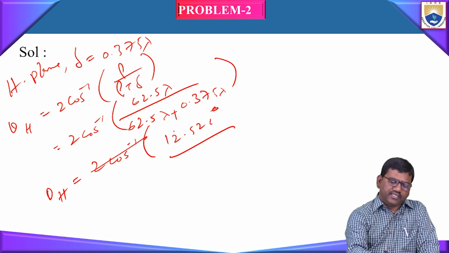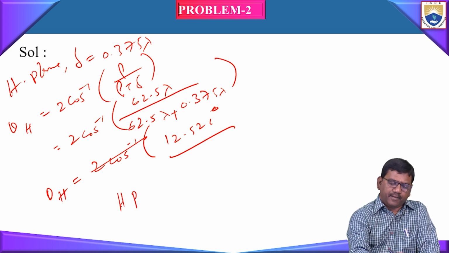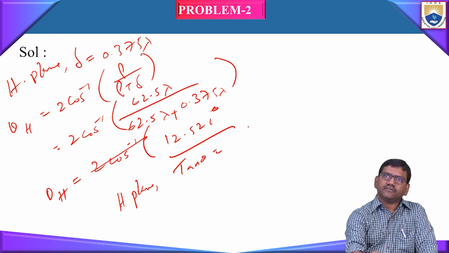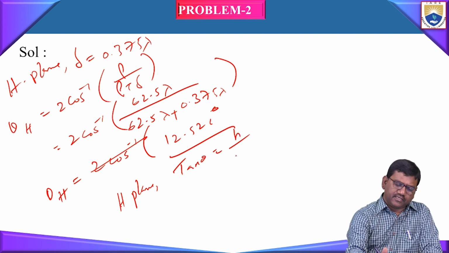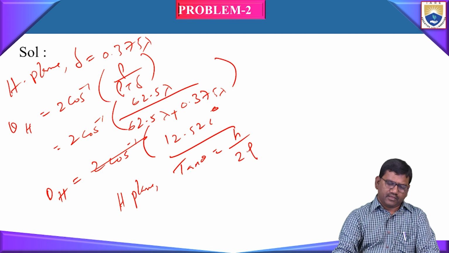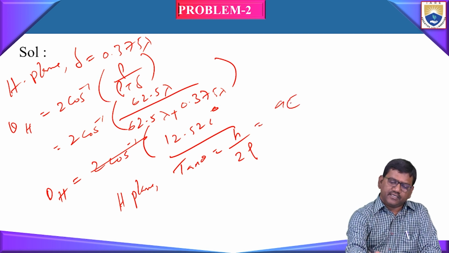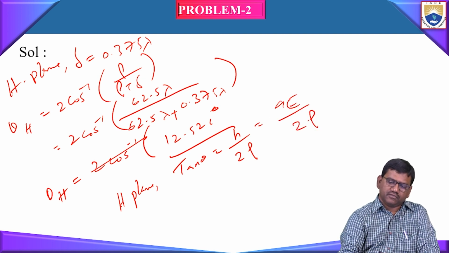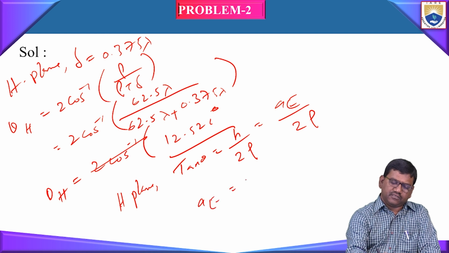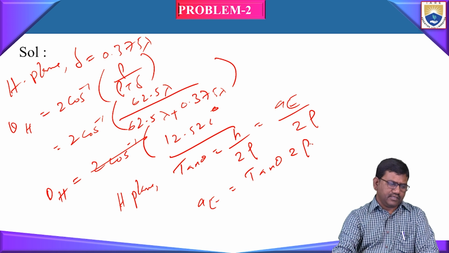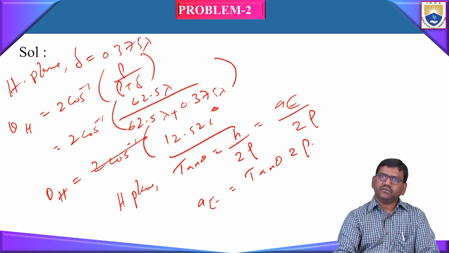Similarly, for the H plane aperture, we have the formula tan theta is equal to h by 2 rho, which can be written as AE by 2 rho. So AE is equal to tan theta into 2 rho.